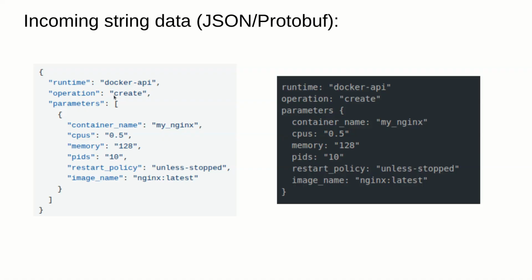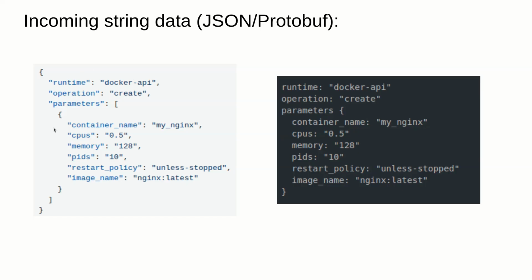This is the operation: you can create, start, stop, restart, delete the containers. And these are the container parameters, like the container name, CPU, memory, the image name, the restart policies, everything.